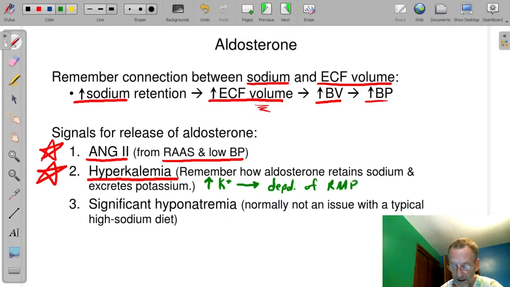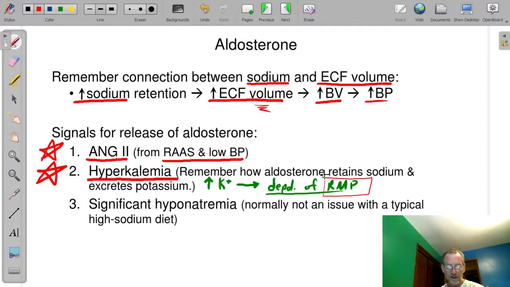We'll come back to that a little bit later, but you should get quite alarmed with potassium imbalances. Remember that there's very little potassium in the interstitial fluid, in the blood plasma, and potassium has a large effect on the resting membrane potential. And I may do a little short lecture on potassium and the RMP.